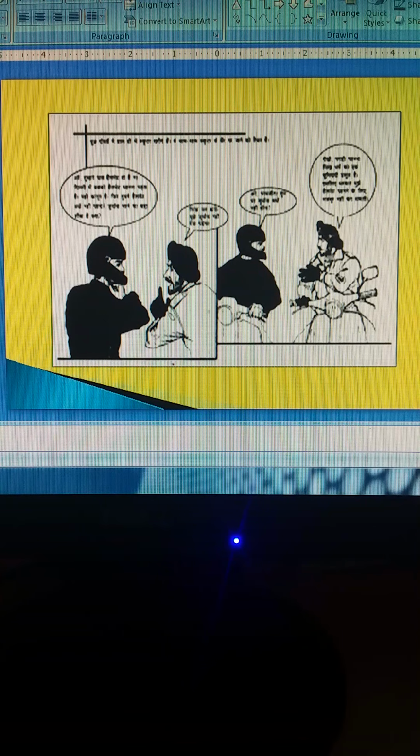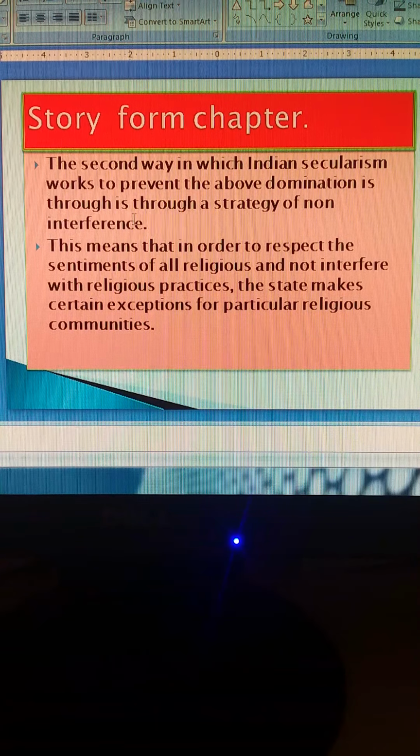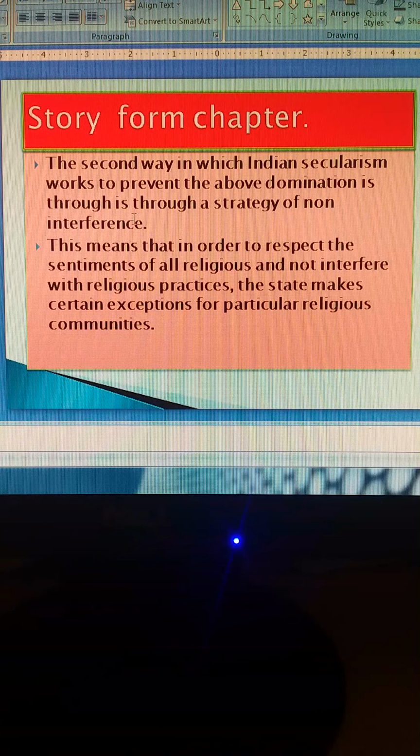The second way in which Indian secularism works to prevent the above domination is through a strategy of non-interference. What is the word used over here? It is non-interference. What is the meaning of non-interference over here? This means that in order to respect the sentiments of all religions and not interfere with religious practices, the state makes certain exceptions for particular religious communities.